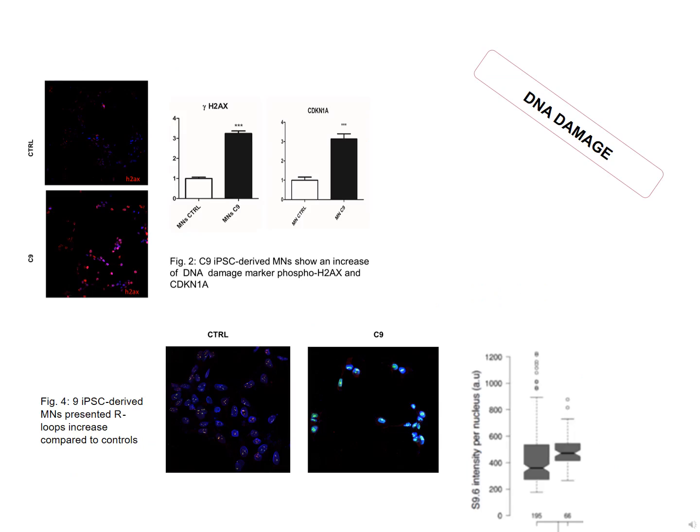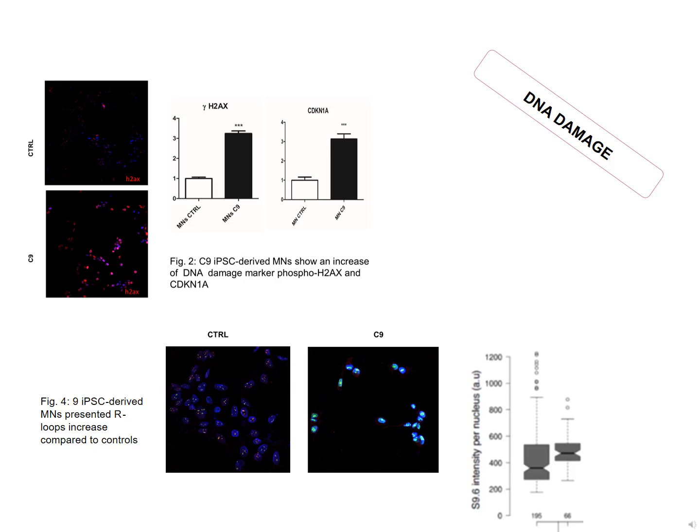So we generated our motor neuron line starting from iPS cells with a 2 weeks protocol, and we stained for DNA damage related proteins, H2AX, as you can see on the right.